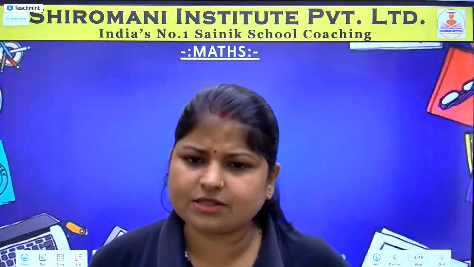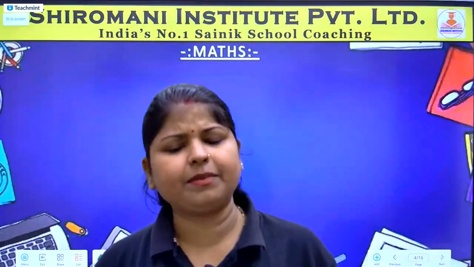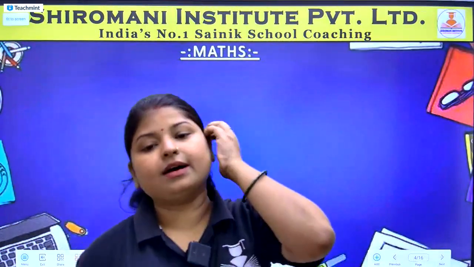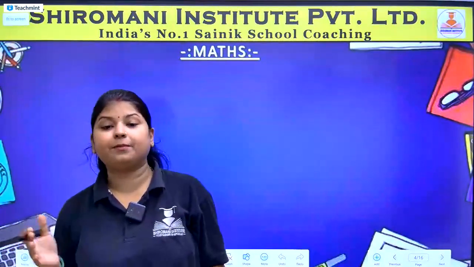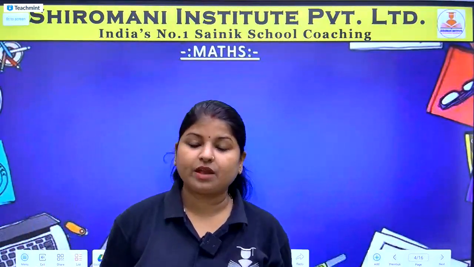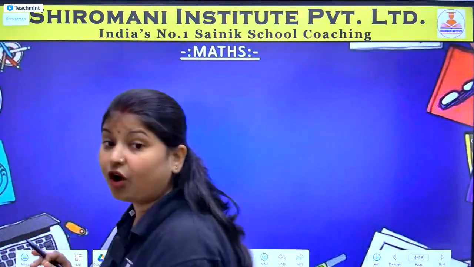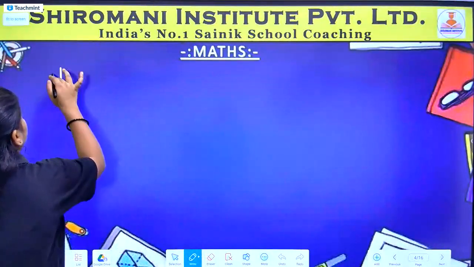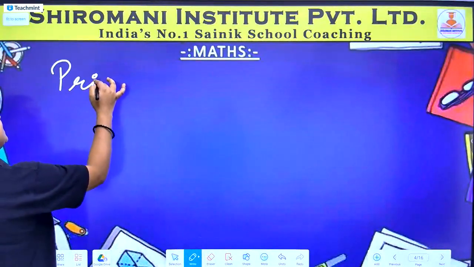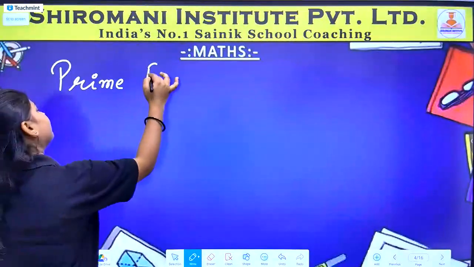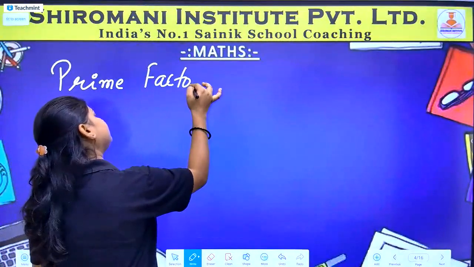Factors, we all understood. What are factors? In a simple way, factors are numbers that can divide the given number completely. Now we have to go for not the factors, but a method called prime factorization.